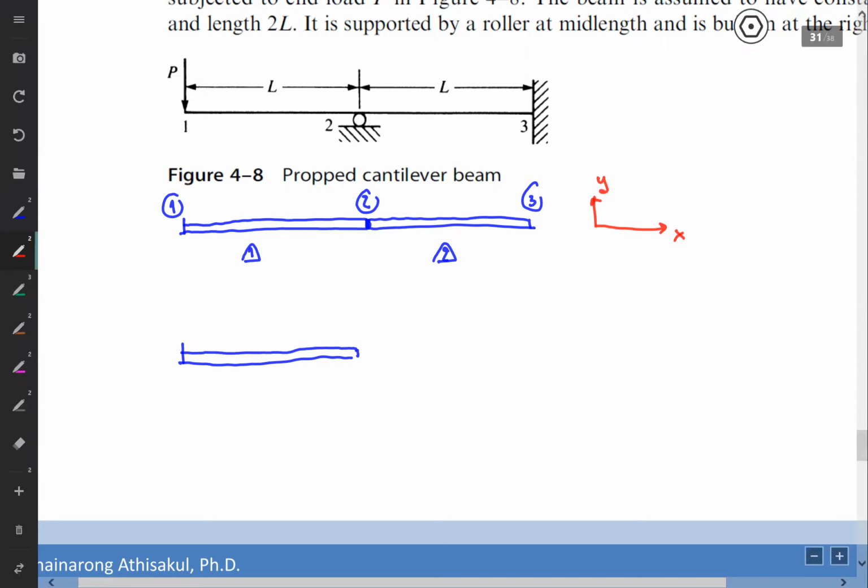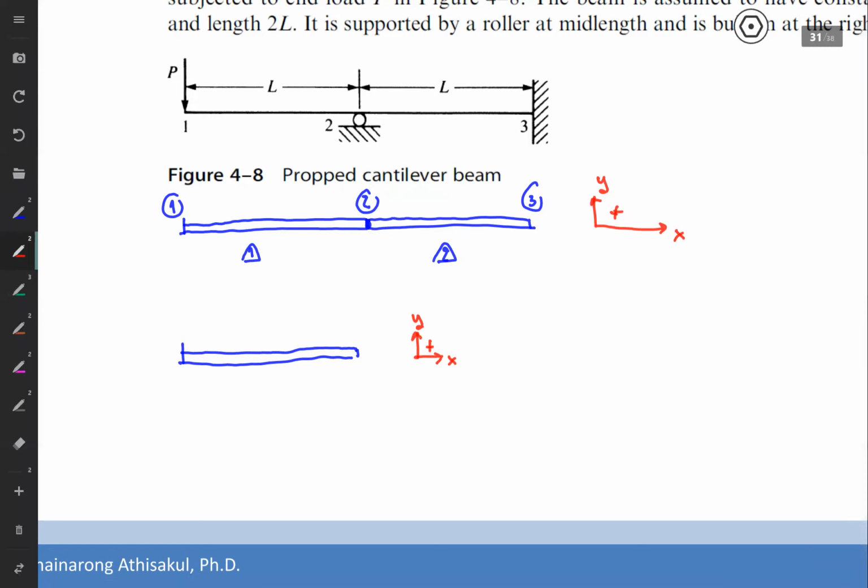X is positive to the right, and y is positive upward. This is the global coordinate, and it is the same as the local coordinate in this case: x is to the right, y is upward.